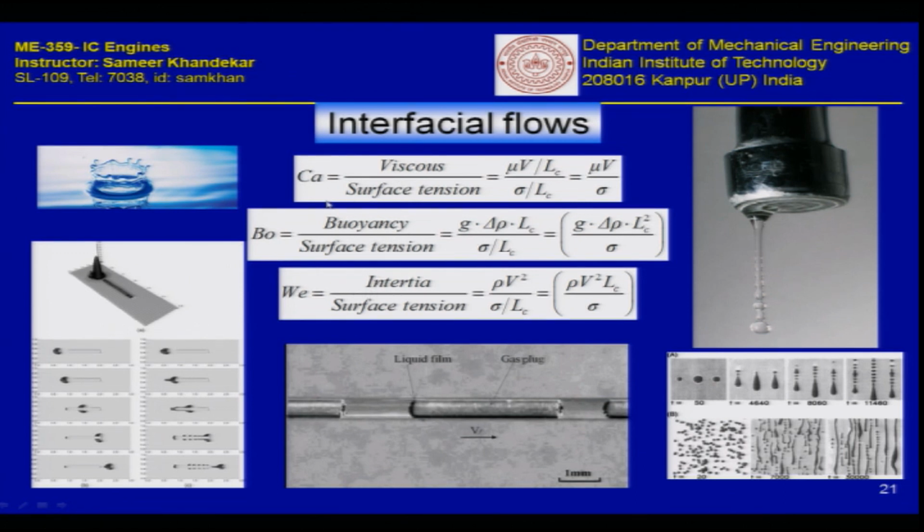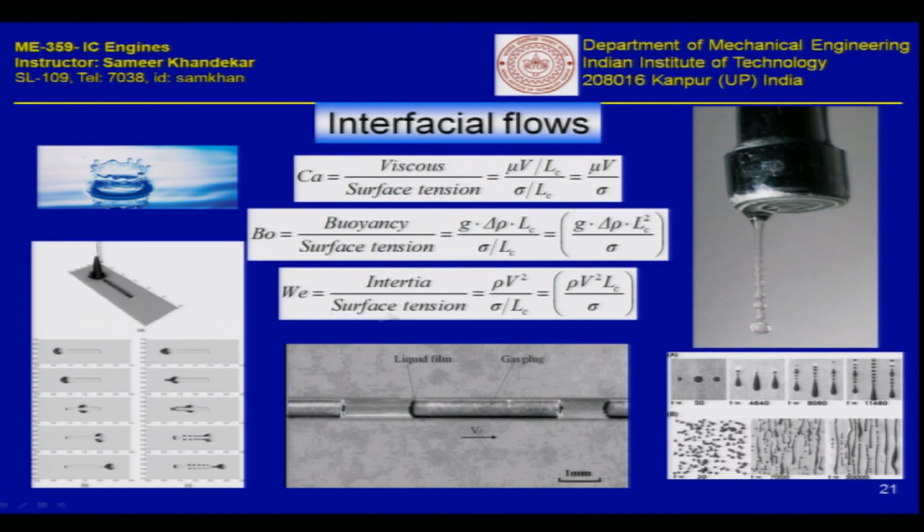And what are these non-dimensional numbers? The viscous to surface tension ratio is called the capillary number. The buoyancy force to surface tension force ratio is called the Bond number. In certain literature it is also called the Eötvös number. And the inertia to surface tension ratio is called the Weber number.